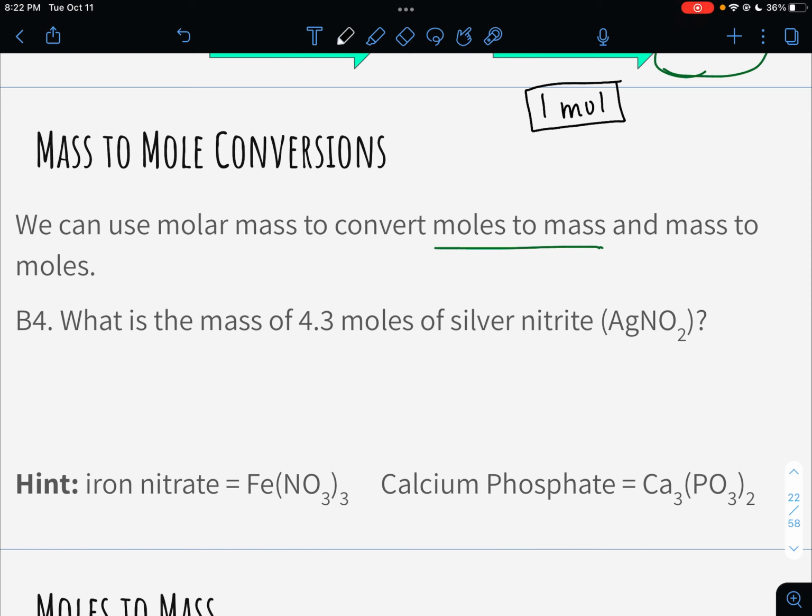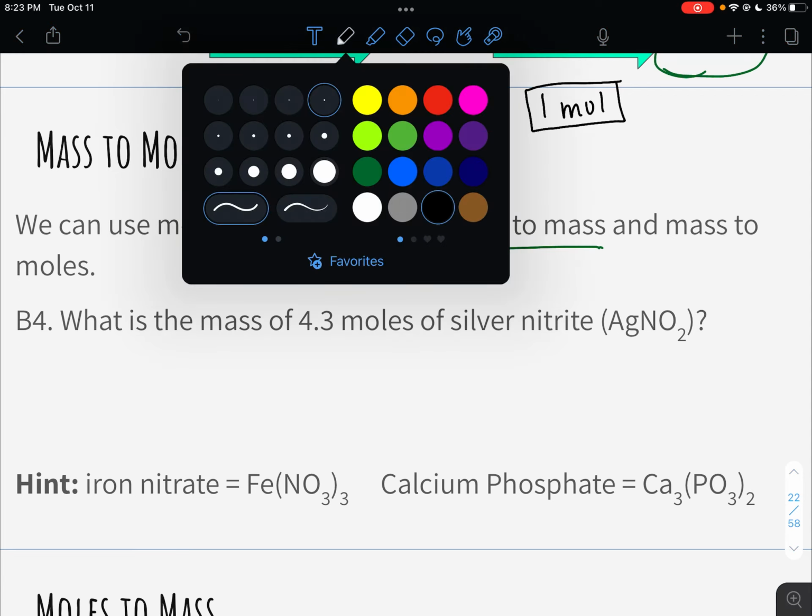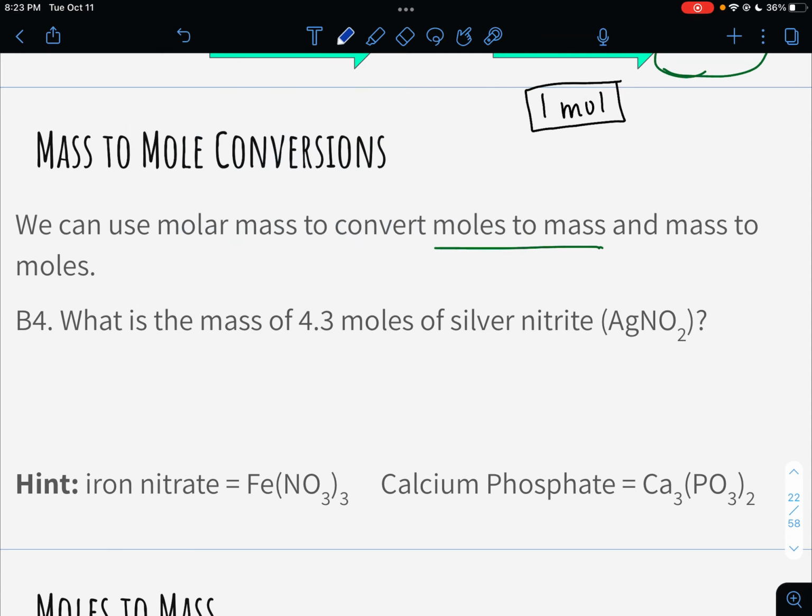We know that we've been using 1 mole to convert back and forth to molecules. If I want to go between molecules, atoms, particles, all of those things, and moles, we're going to use Avogadro's number, 6.022 times 10 to the 23rd.